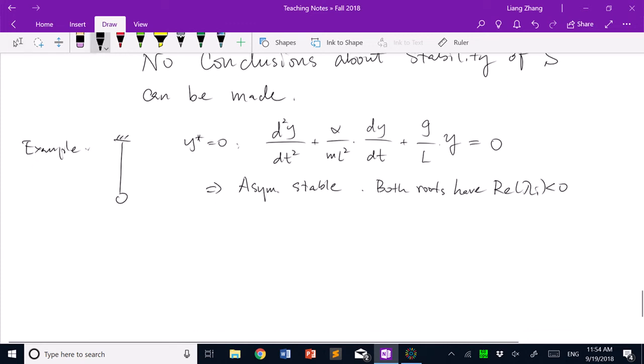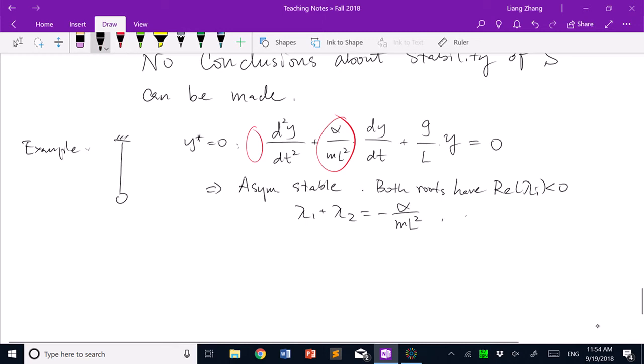In fact, if you still vaguely remember some results from your high school algebra or maybe some calculus class, when you have the roots of a quadratic equation, the sum of the two roots will be equal to the coefficient divided by the coefficient here, which is 1, with a minus sign.